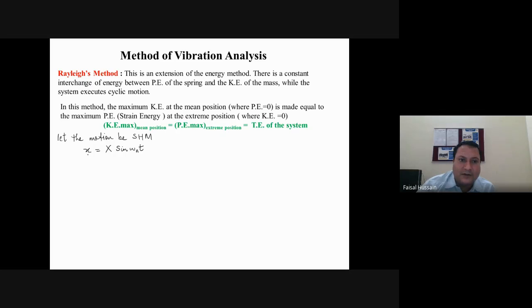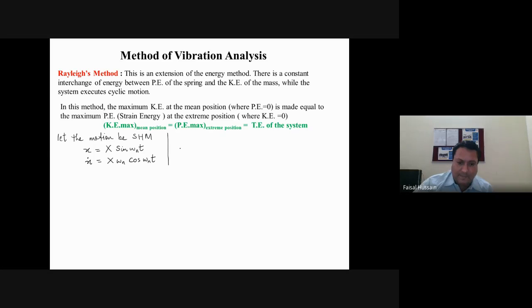And if I differentiate this displacement with respect to time, I will get the velocity: ẋ = X ωn cos(ωn t). If I differentiate this velocity again, I will get ẍ, the acceleration. But in potential and kinetic energy, only velocity has to be used. There is no need of acceleration, so we will not differentiate.